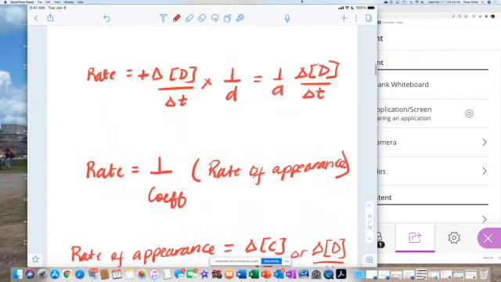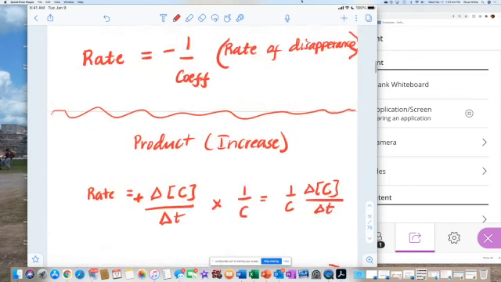Appearance of the product. Over here, this means delta A over delta T, or delta B over delta T.